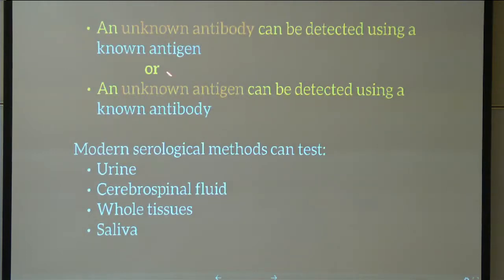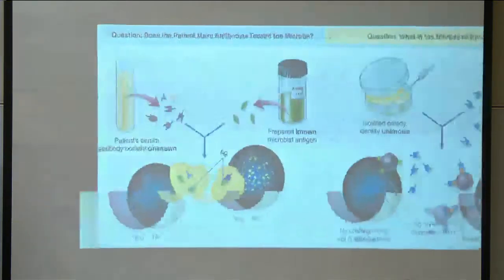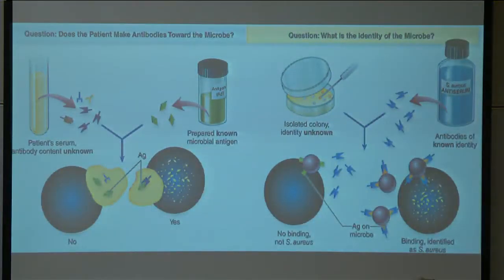So yet again, an unknown antibody can be detected as long as you know the antigen, and vice versa. An unknown antigen can be detected as long as you know the antibody. You have to know one or the other. Okay, so you can take a number of different samples when we run this, depending on if you're looking for antigen or antibody, of course. Antibodies would be in the serum.